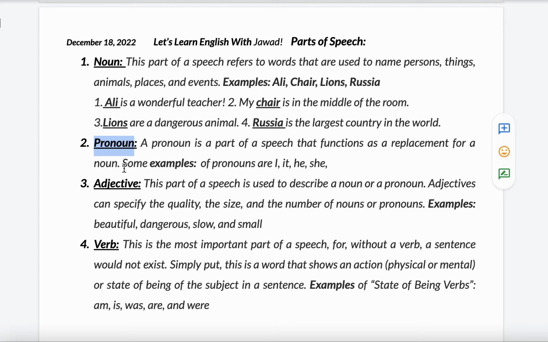If I want to continue talking about this disease, I won't say corona, corona, corona again and again. Instead I would use a replacement, and the replacement here is it, because corona is not male or female. Corona is a disastrous disease.